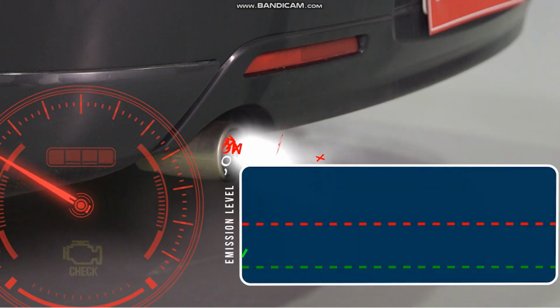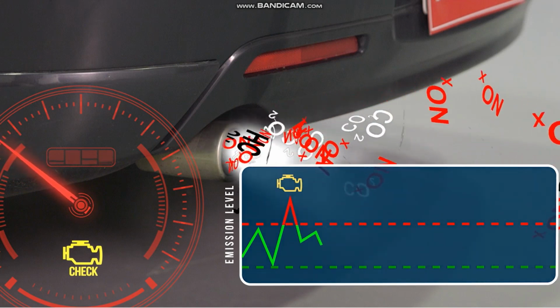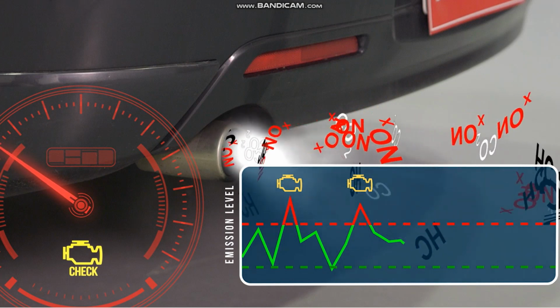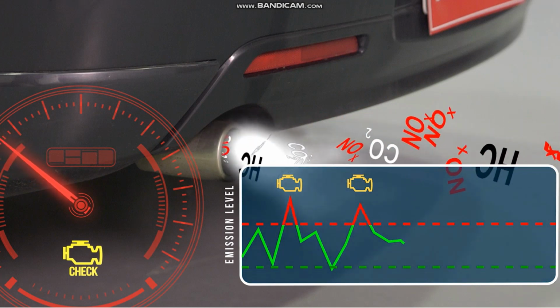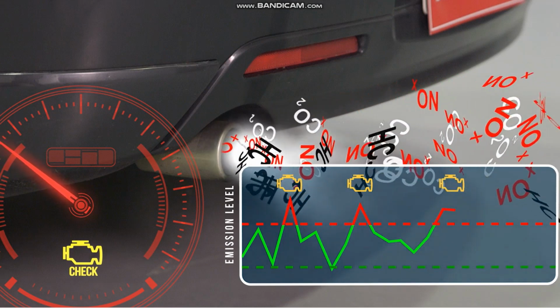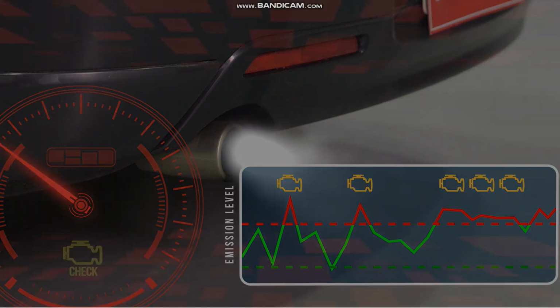The MIL will also illuminate if emissions have exceeded prescribed limits, or if there is a misfire detected. This will change depending upon the severity of the fault, and if it has been detected in more than one trip. In severe cases, where catalytic converter damage is likely to occur, the MIL will flash, alerting the driver.